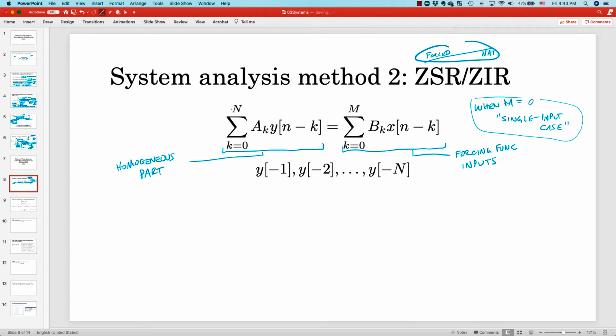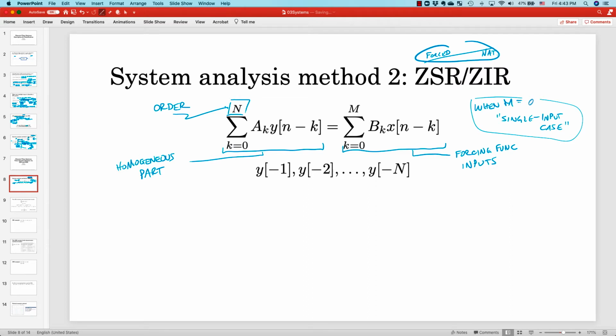The other thing I want to point out is that we are going to refer to the order of a system by the number of delays on the output. So this is a capital Nth order system.